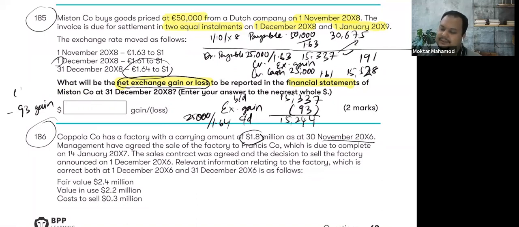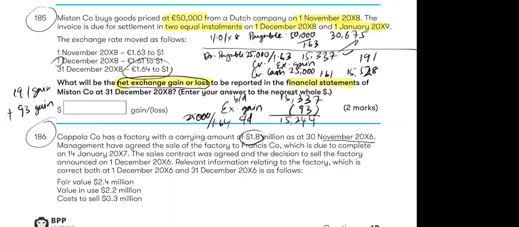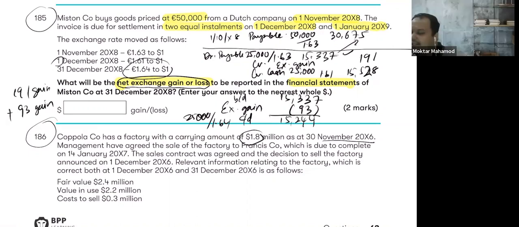191 plus gain, plus 93 gain. 191 loss. Why loss? Loss cancels. It is on the credit side; if on the debit side it is a loss, if on the credit side it is a gain. This is 5 to 8, and this is 15, 5 to 8.